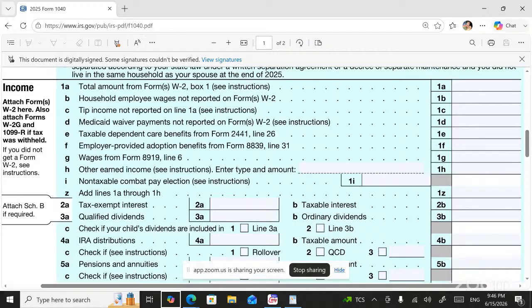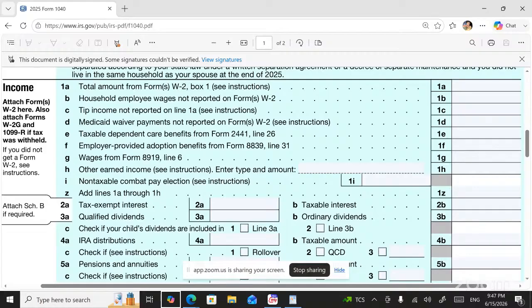But still, this employee is getting the tip income. Now the employee is responsible for including that tip income directly received by him at the time of filing his tax return. That is 1C, tip income not reported in 1A.